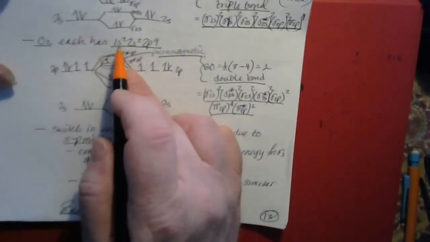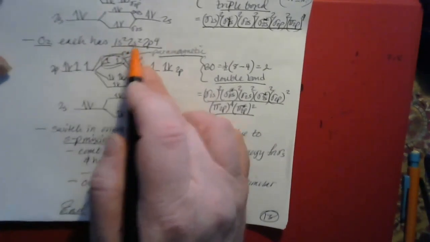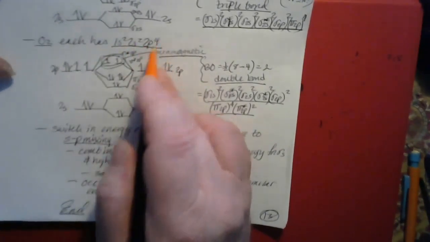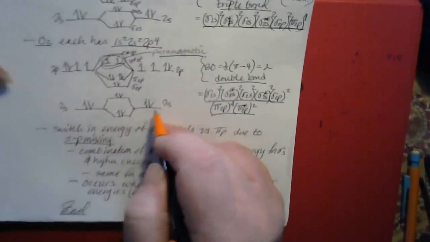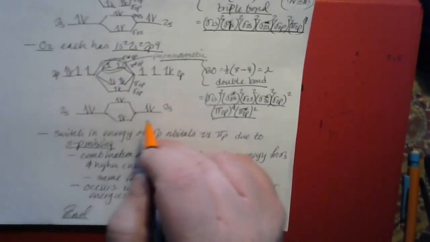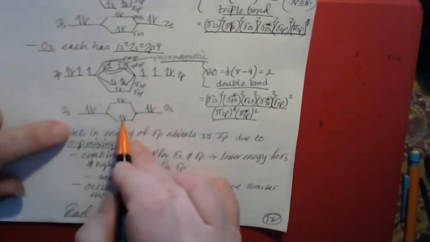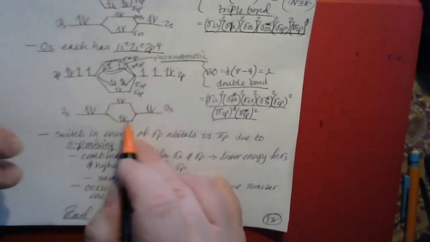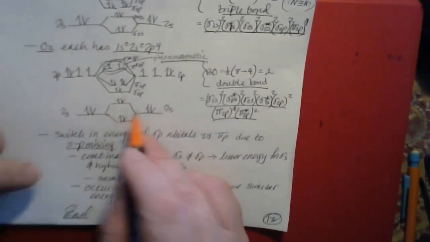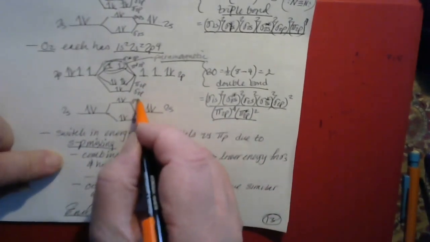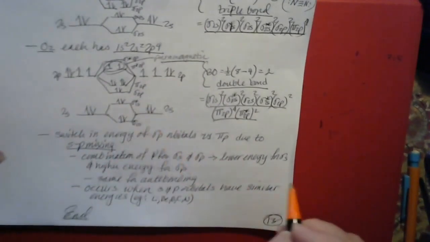Each oxygen has an electron configuration of 1s2, 2s2, 2p4. For the 2s atomic orbitals, each of them has 2 electrons in them. When they come together to form molecular orbitals, they basically fill the sigma 2s bonding orbital and the sigma star 2s antibonding orbital.